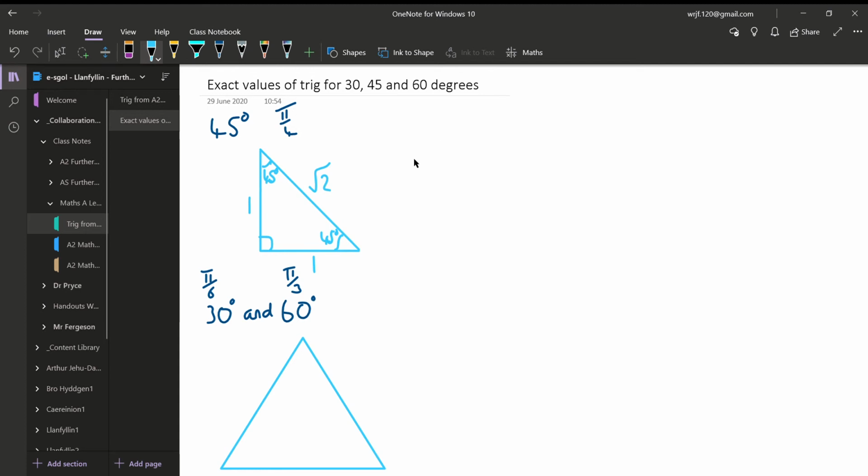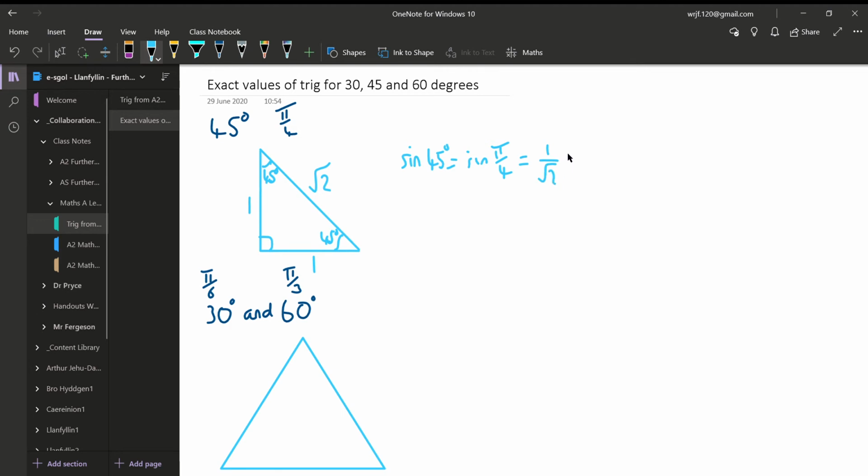So sine of 45 degrees, which obviously would be the same as the sine of pi over 4 radians as well, just as the sine definition, opposite over hypotenuse: opposite we've got 1, hypotenuse we've got root 2, so just 1 over root 2.